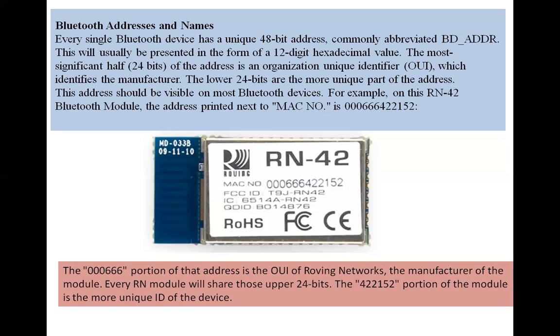Here the 000666 portion of that address is the OUI of Roving Networks, the manufacturer of the model. Every RN module will share those upper 24 bits. The 422152 portion of this module is the more unique ID of the device. Okay.